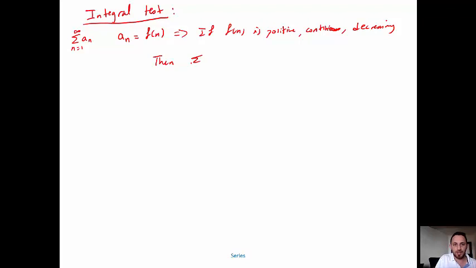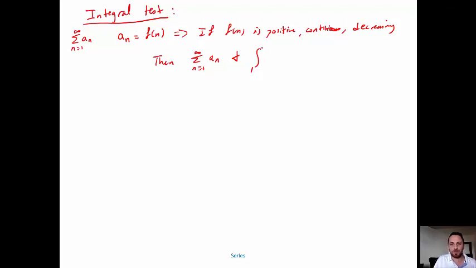Then the series and the integral: this is the discrete form, summation from n equals 1 to infinity. The integral is a summation in a continuous form, for every single value of n, whether it is an integer or not. In this case, it's a positive integer.